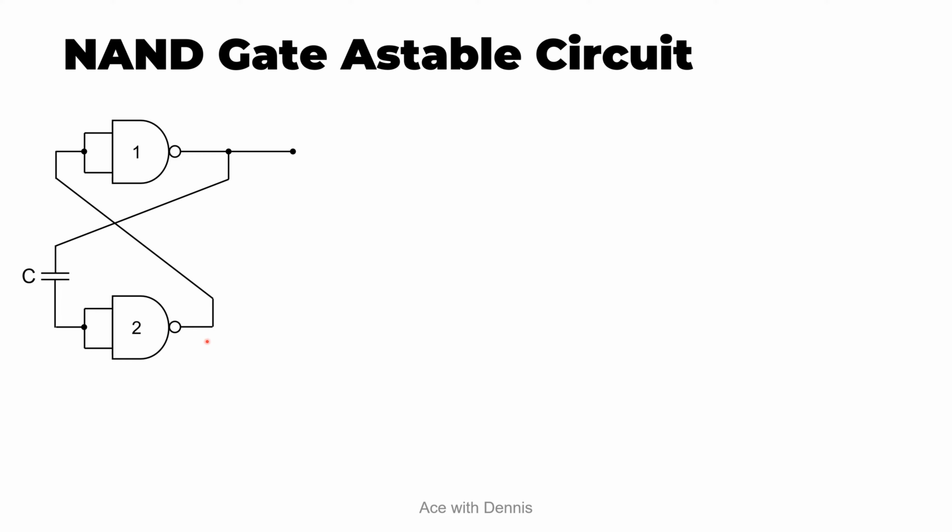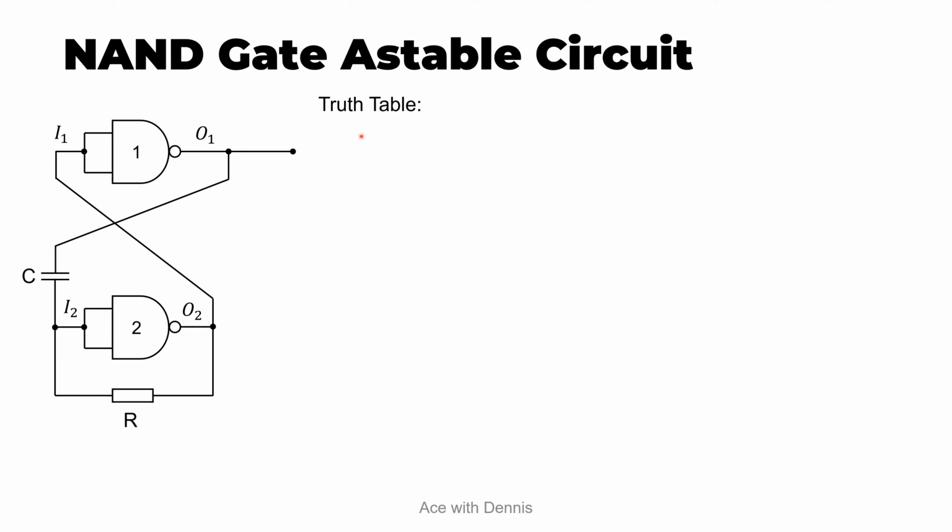The NAND gate number 2 output is connected to the input of NAND gate 1. A resistor is connected in parallel with NAND gate 2. So this is input 1, this is input 2, this is output 1, and this is output 2.